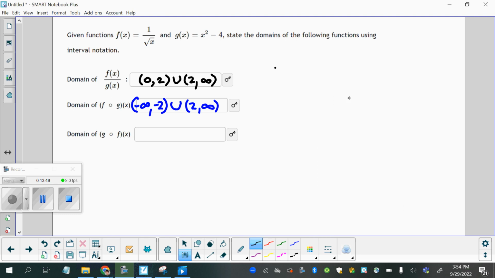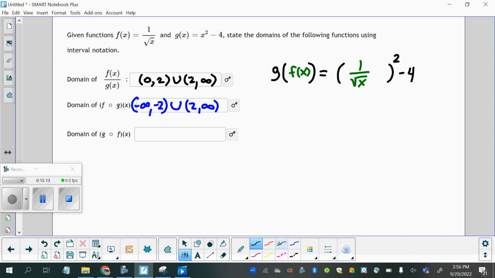Okay, now we're going to do g of f of x. So that means that f of x is going to be inserted inside of the g function. So we can start by writing out the g function, but leaving space where the x is, because now we're going to put the f of x function right in there instead of the x.